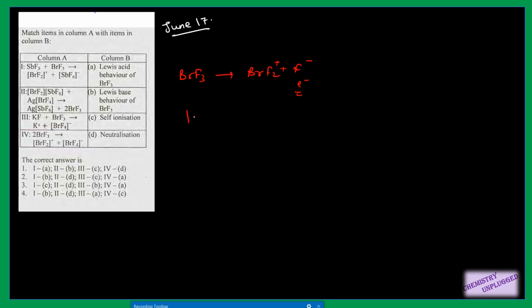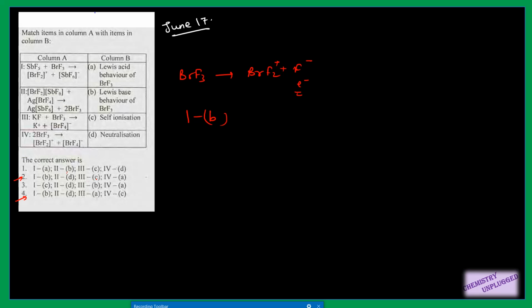So first should go with B, Lewis base behavior of BrF3. Then we will take fourth. So you have first with B in fourth and in second. Now D is common in both of them. Second is going with D, meaning neutralization, or you can easily recognize it as a neutralization reaction.